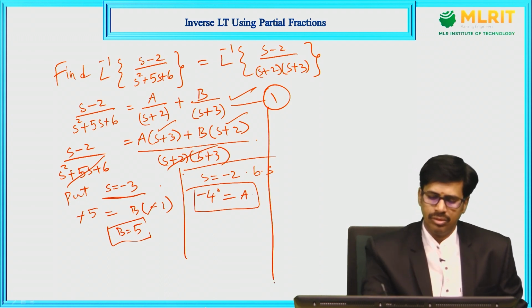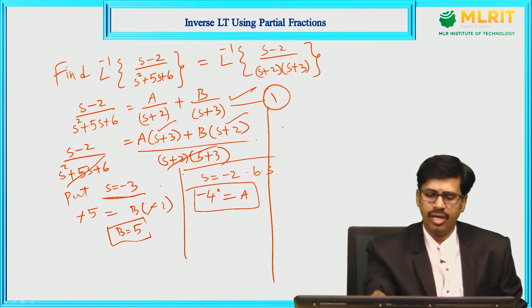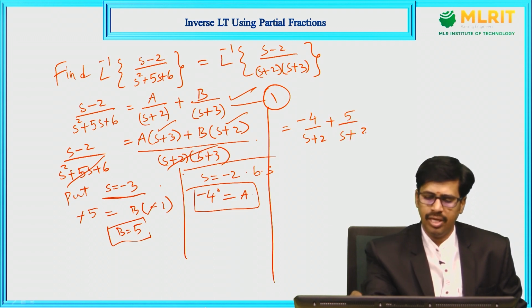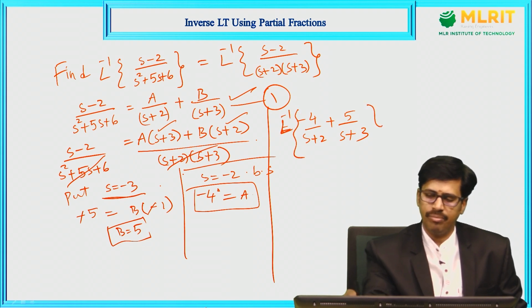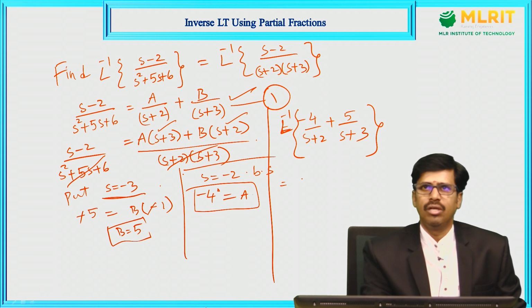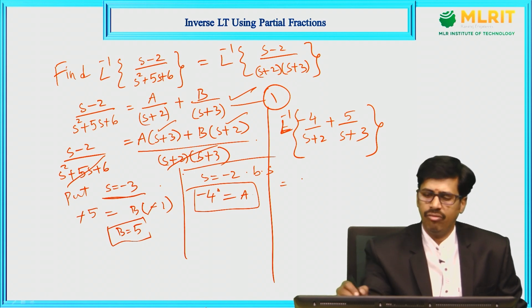So, we get this can be written as a means minus 4 upon s plus 2, b means 5 upon s plus 3. We find L inverse of this function. What is L inverse of this?